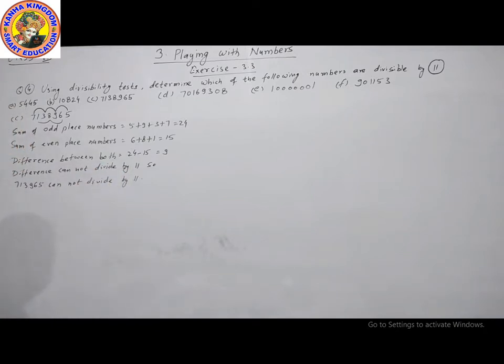First of all, we saw the sum of odd place numbers, we get 24, and the sum of even place numbers we get 15. The difference between both, 24 minus 15, is 9. The difference should be 0 or divisible by 11. But here the difference is 9, which cannot be divided by 11, so the given number also cannot be divided by 11. This is our answer.